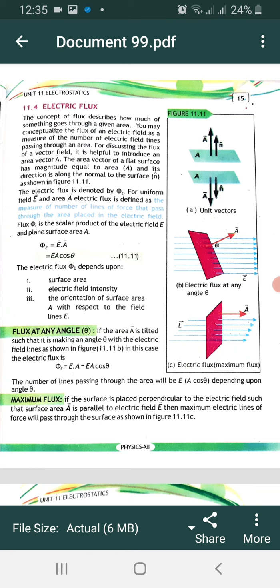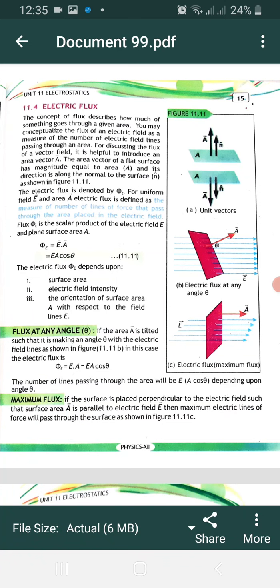So today our topic is to discuss the electric flux. Before electric flux, we have discussed in detail the electric field intensity, and also the geometrical interpretation of electric field intensity. I mean we have introduced the concept of electric field line, and that is a totally imaginary concept, right?